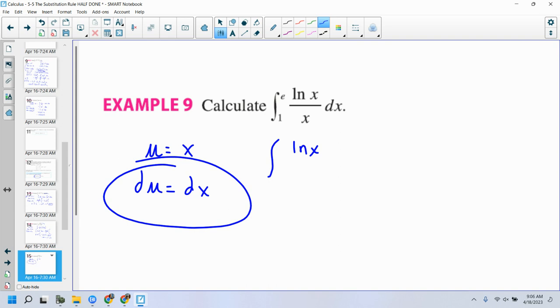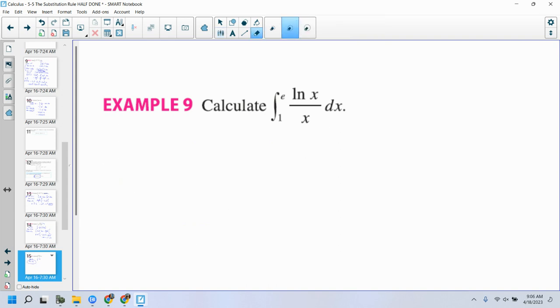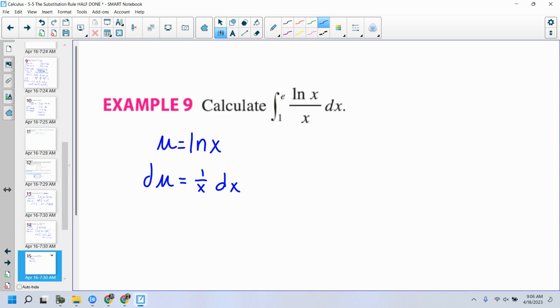So that's not going to help us, is it? So u is not x. What do you think u is going to be then? ln of x. Okay, what is du then? What is the derivative of ln of x? 1 over x. Ooh, which will help us here.